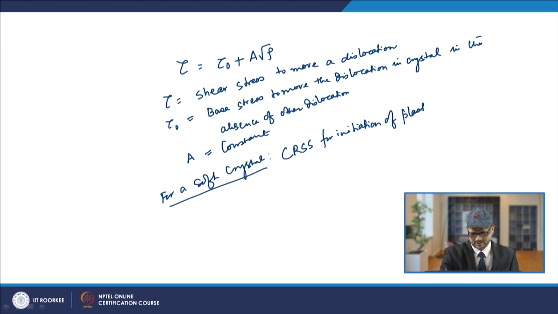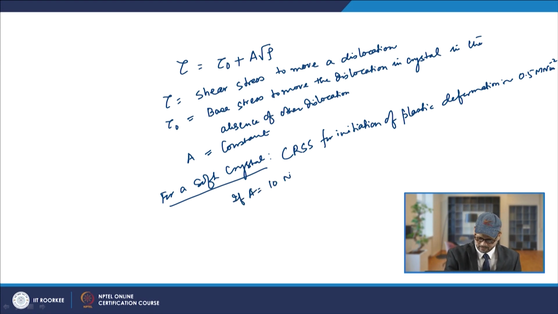As we discussed, this is the critical value which has to be reached for the initiation of plastic deformation, and for a soft crystal, which is a very annealed one, this value is close to 0.5 meganewton per meter square. Now, if A is taken as 10 Newton per meter.